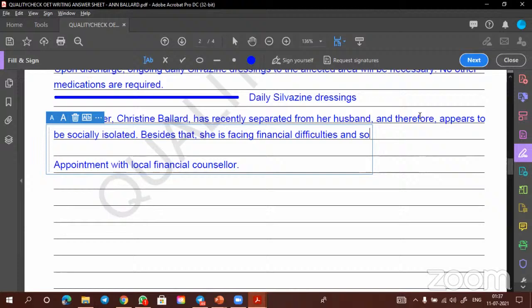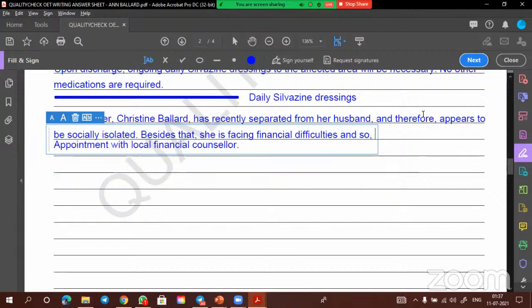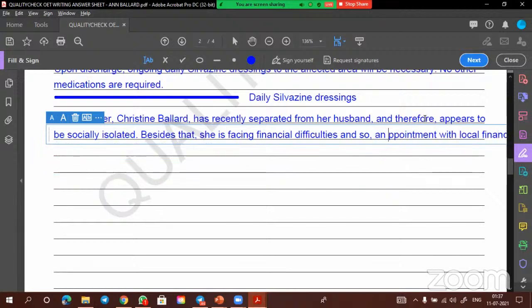And so, comma, meeting, or an appointment with. Okay, we'll write like this only first: an appointment with the local, or a local.